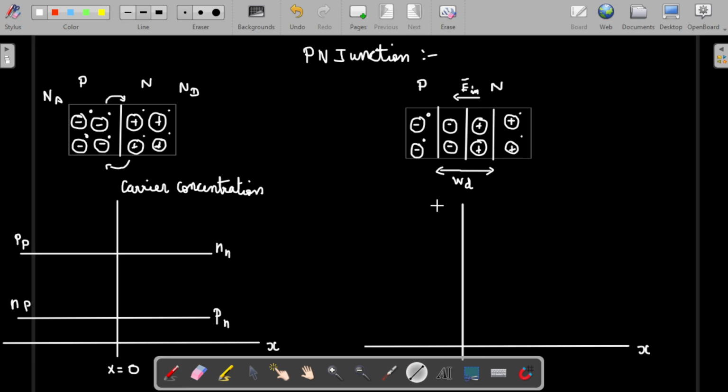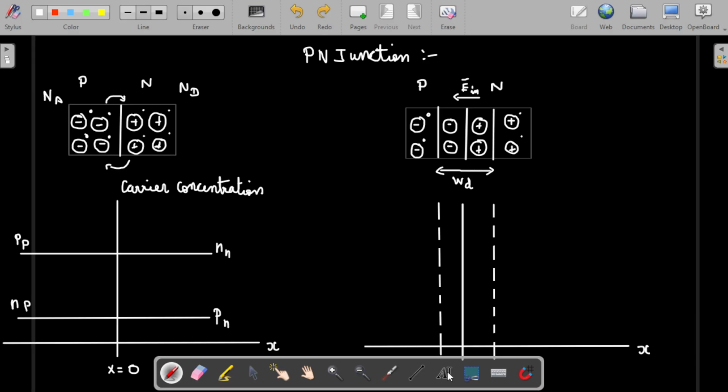When this is happening, I am going to show you how the profiles will be changing. I'm taking the exact region of the depletion region. Before this happens, the carrier concentration will be the same as it is, like the previous cases.